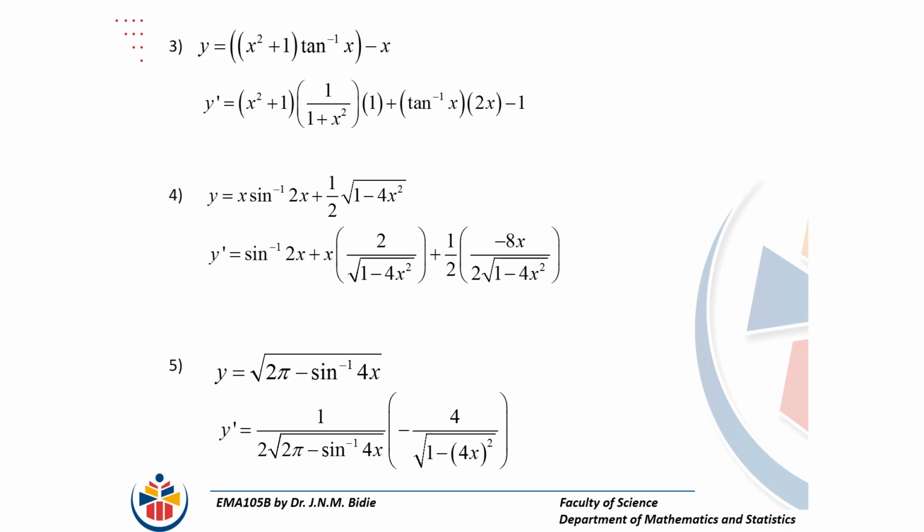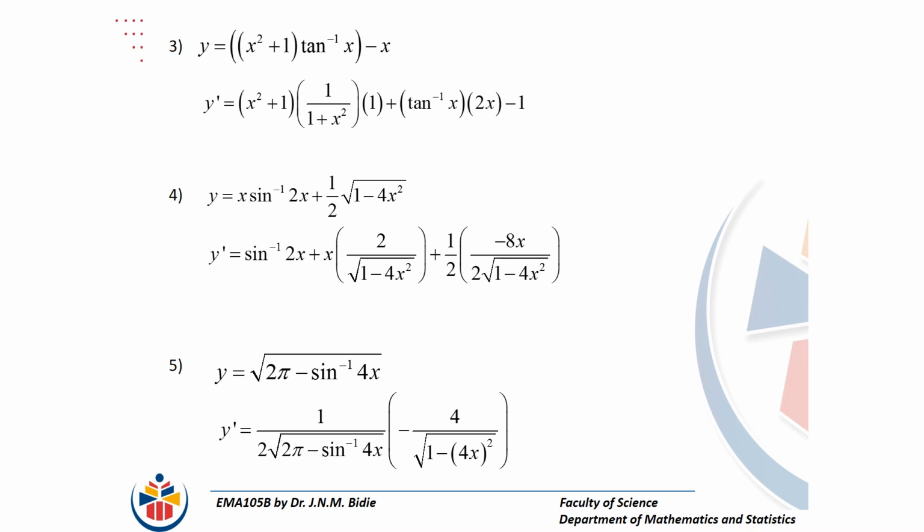Now we go to the second term. Half multiplied by the square root of 1 minus 4x squared. Note that half is just a constant, you take it out. Then you come to the square root. The square root always gives you 1 over 2 square root. And then the argument of that square root sign does not change.